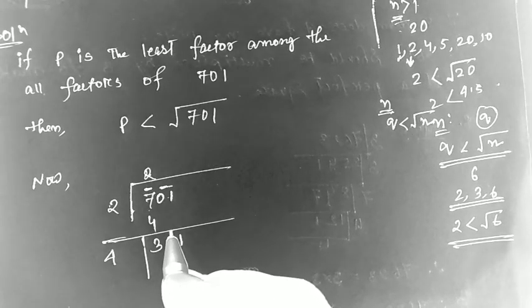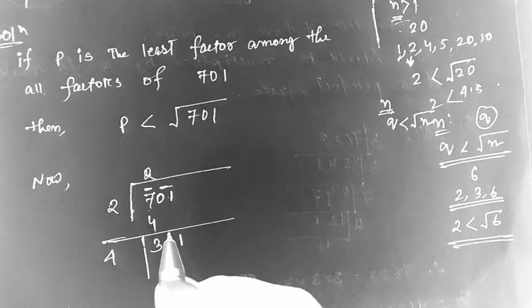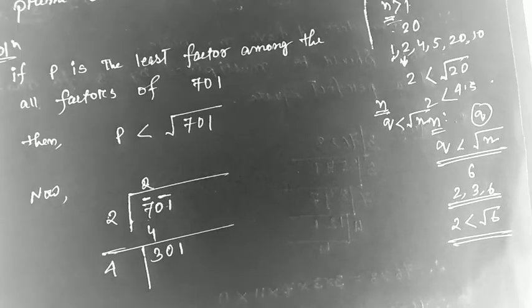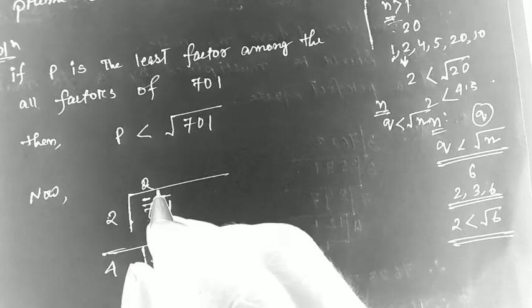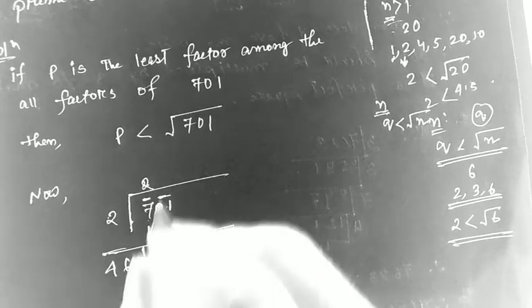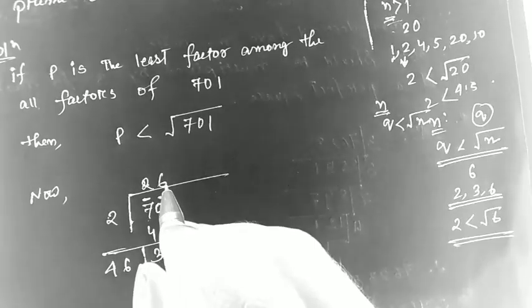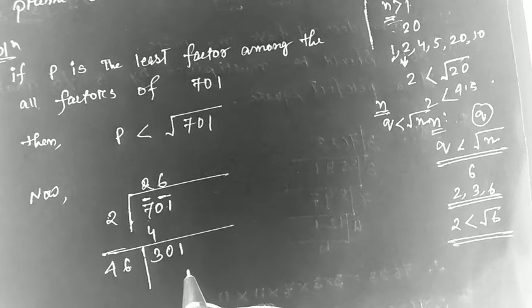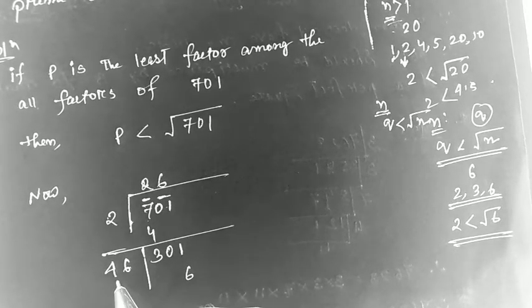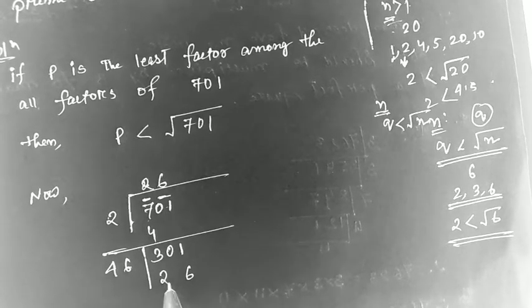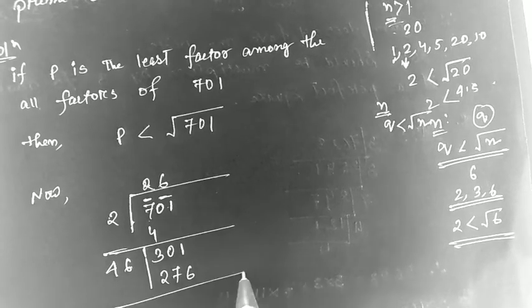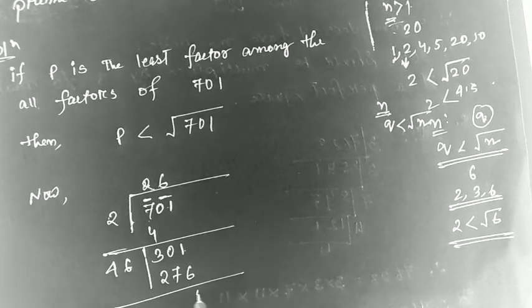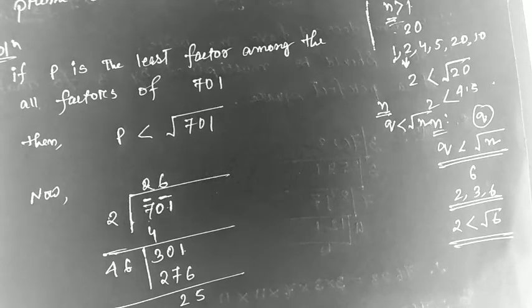So what number should it be? If we give 6 here, 6 and 6, then 6 into 6, 36, carry 3, 6 into 4, 24, 24 and 3, 27. So now subtract: 301 minus 276, 25. So 25 is the remainder.